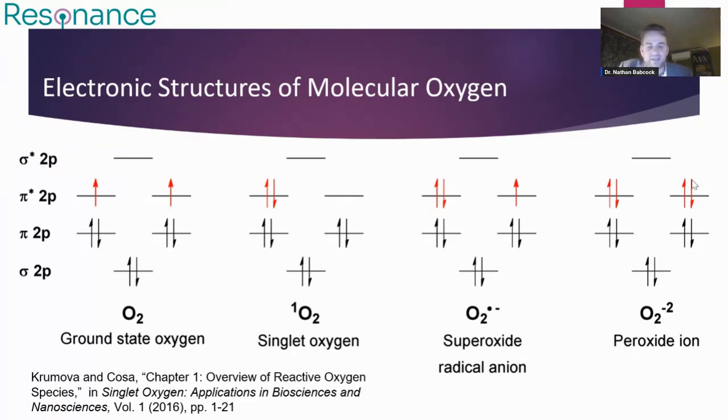What is interesting is that the singlet oxygen has two different states it can enter into. We also look at a kind of activated state of singlet oxygen, where the two electrons that are shown as the arrows now are in different energy levels, shown as sigma 2p, pi 2p, pi star 2p, and sigma star 2p.